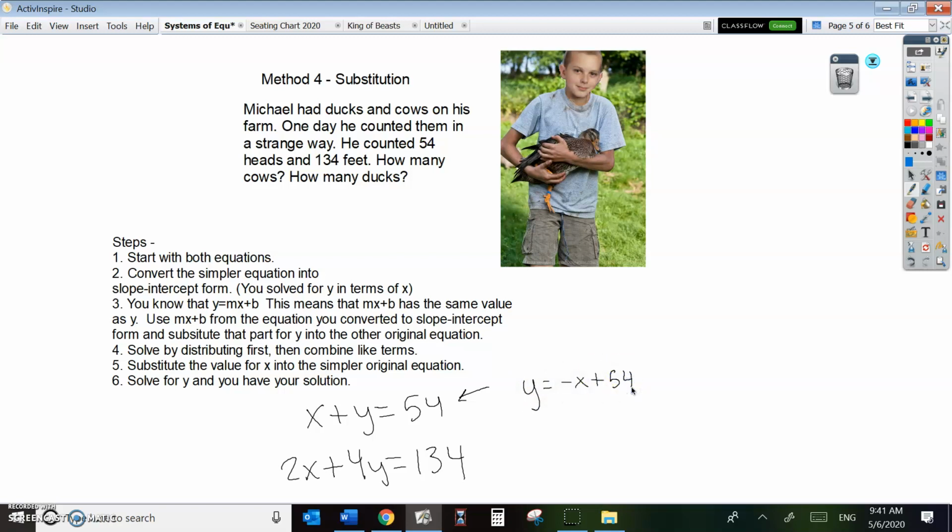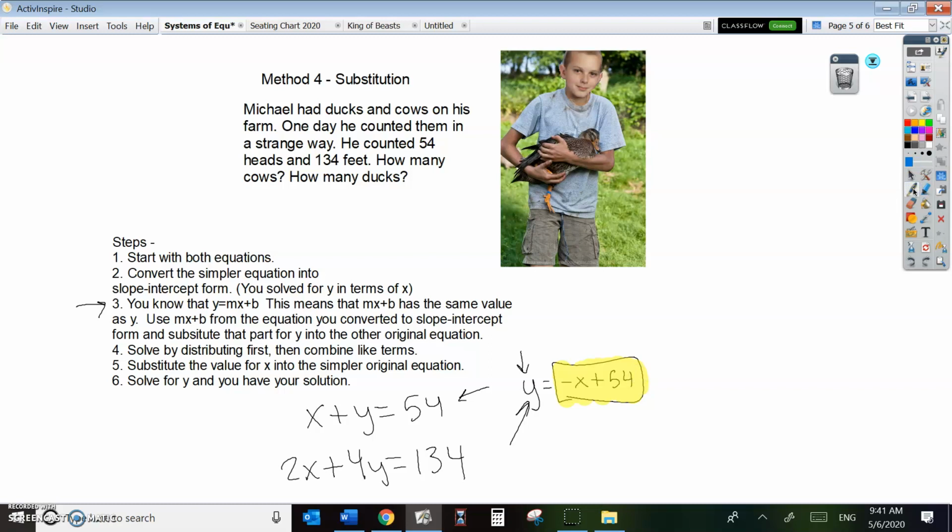And then it says to use what you know. You know that y equals mx plus b. You know that this chunk right here has the same value as the variable y. So you're going to take this highlighted piece and substitute it into the other equation.